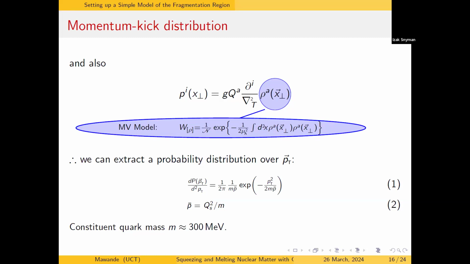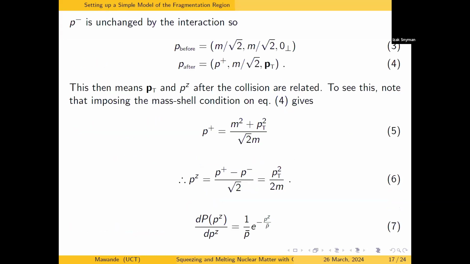This P bar being actually the average momentum you give a particle in the Z direction. You can show then that this can be converted into a probability distribution for the Z direction, right? We care about the one-dimensional models. So we can end up with a distribution like that.